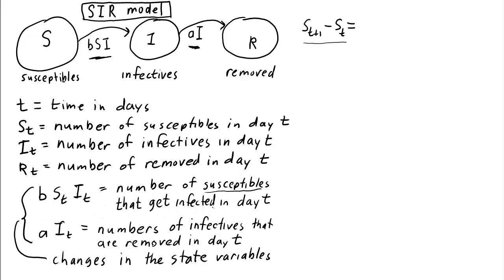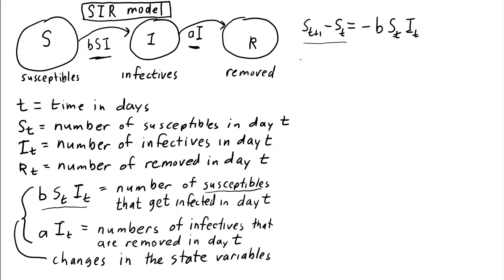On day T, the number that get infected is B times S sub T times I sub T. The change in susceptibles is negative because fewer people are susceptible, so we have to put a minus sign here. And our model is that the change in the number of susceptibles on day T is just B times S sub T times I sub T with a negative sign.